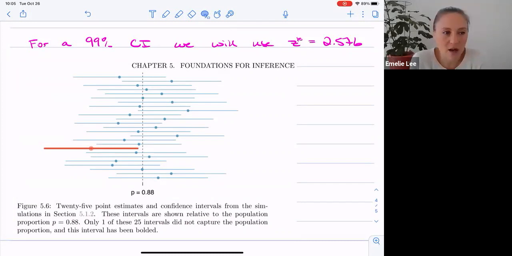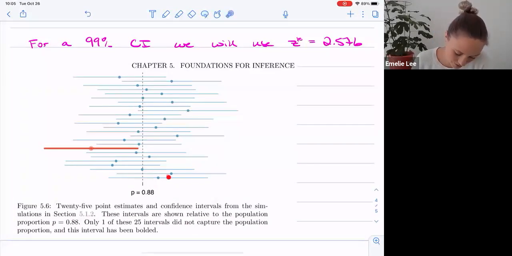What we're looking at here is that if we pull 25 different samples from a population where we know the population proportion is 0.88, right? Here we happen to know what the population proportion is. We wouldn't know that in practice.